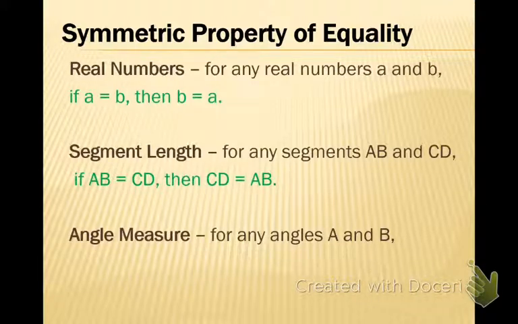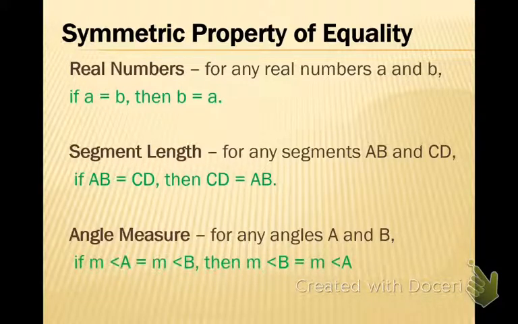If the length of segment AB equals the length of segment CD, then the length of segment CD equals the length of segment AB. And for angle measures, if the measure of angle A equals the measure of angle B, then the measure of angle B equals the measure of angle A. Again, fairly obvious thing to have to state, but there's going to be a use for this.